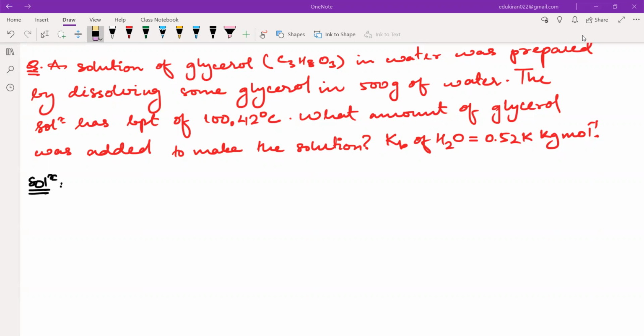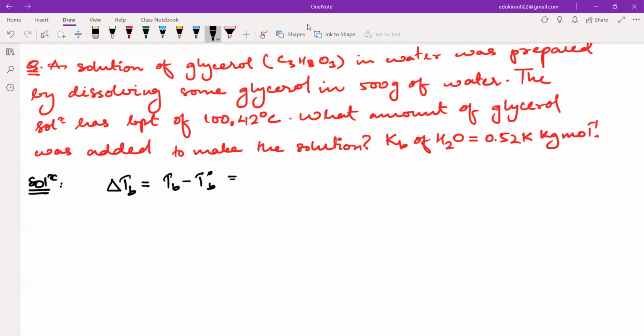See, first of all, you calculate the delta TB. What is the delta TB? TB minus T naught B. So what is TB?